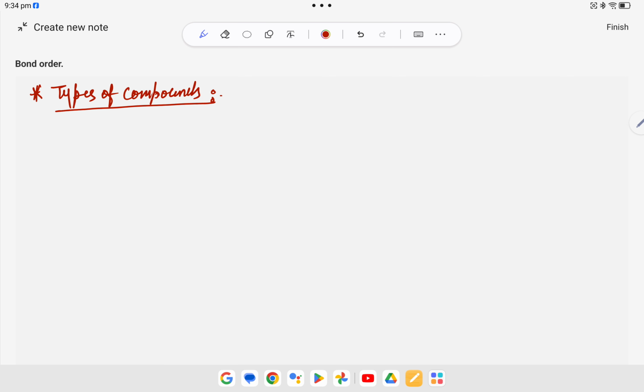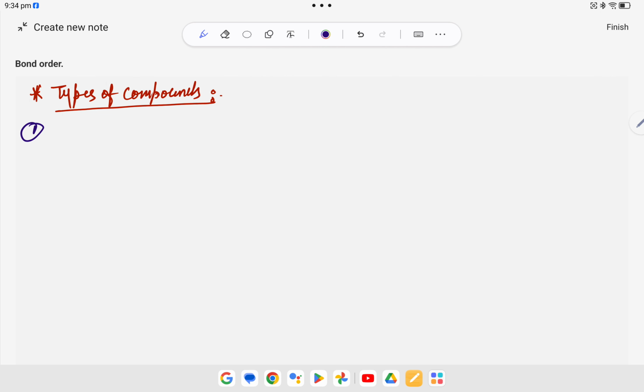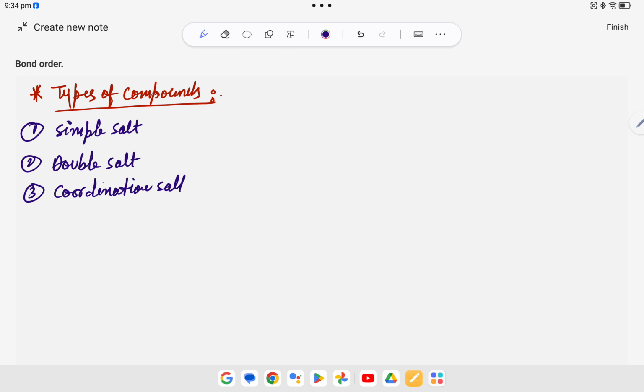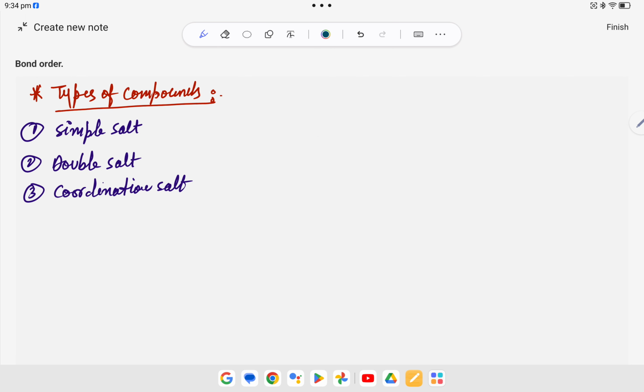We are talking according to coordination compound. So here we have number one, simple salt, double salt, and coordination salt. Okay, so now one by one we will discuss.